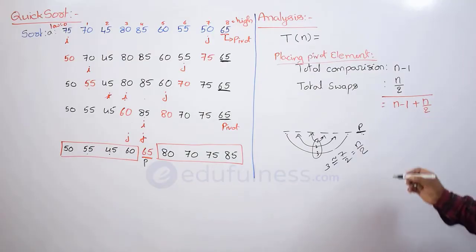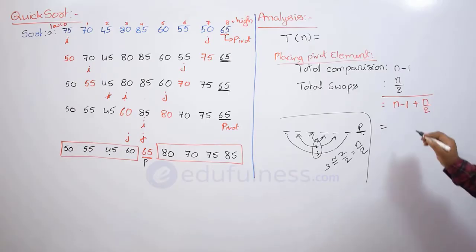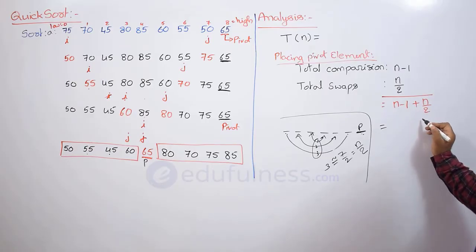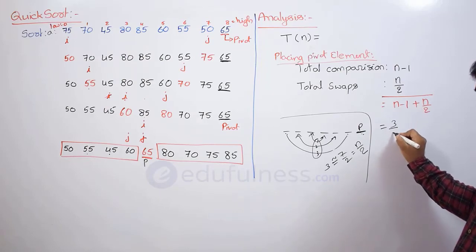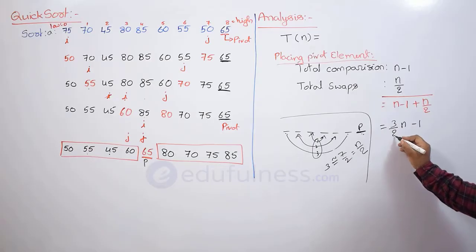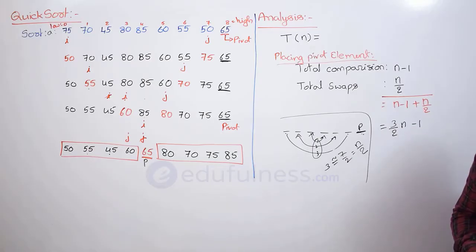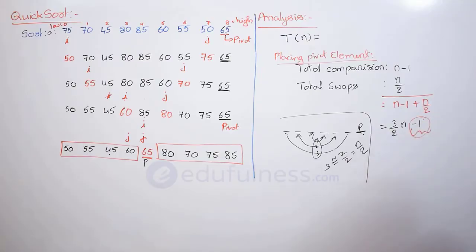Now if you try to evaluate this one, what is going to happen? n minus 1 plus n by 2. If you simplify this, what are we going to get? 3 by 2 n minus 1. And this is a polynomial equation. Because it is a polynomial equation, this remaining part we are going to skip, and the highest degree term is n.